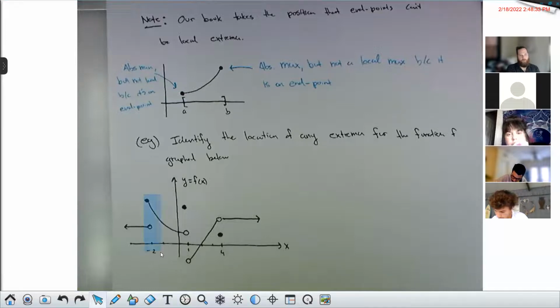So let's start over here at -2. My function's cruising in here, constant, constant, constant. And then there's this sudden jump up. And then we're cruising back down. What would you say is going on at -2?